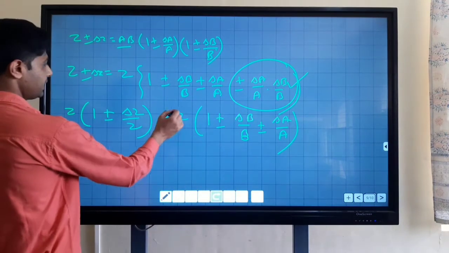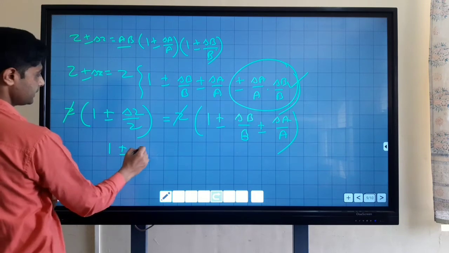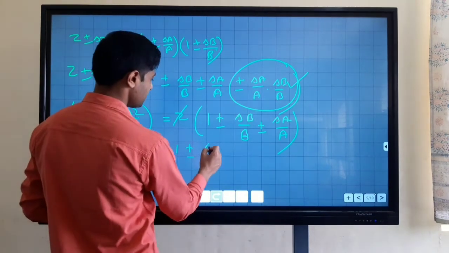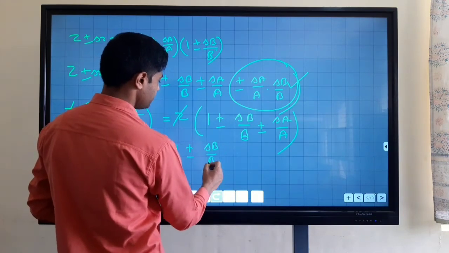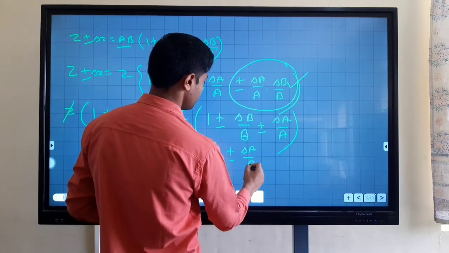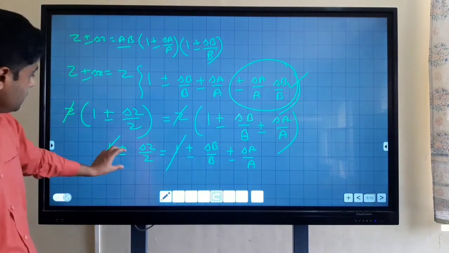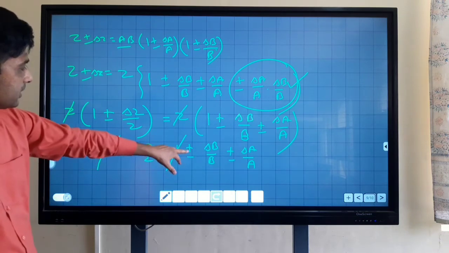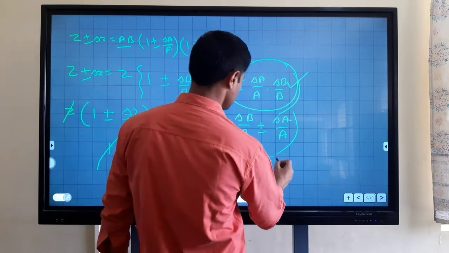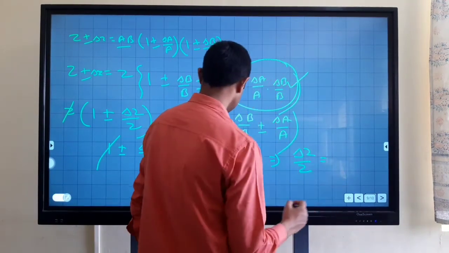Okay, so Z cancelled by Z, so 1 plus minus del Z upon Z equal to 1 plus minus del B upon B plus minus del A upon A. So 1 cancels by 1.